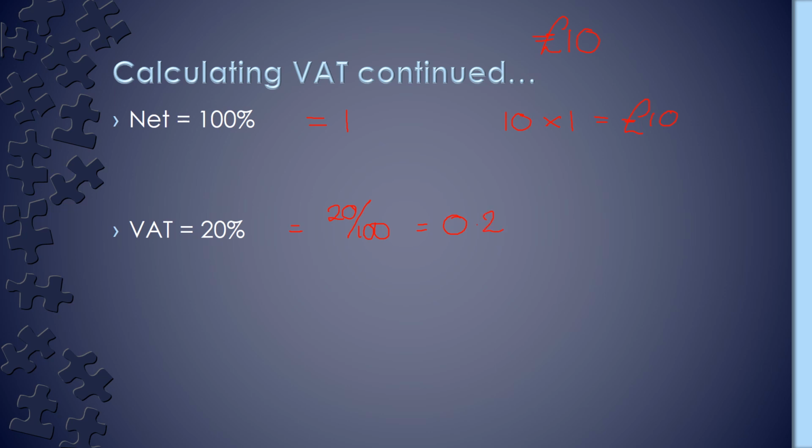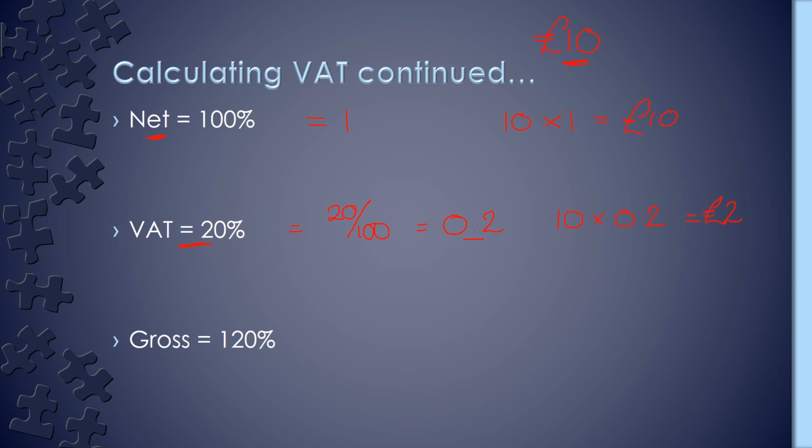So to calculate what our VAT would be on this £10 item, our VAT is 0.2, so it's our net amount, going back to here because that's our 100%, multiplied by our VAT amount. You work that out because that gives you the figure you'll be adding on to make your gross amount. So 10 times 0.2 is £2.